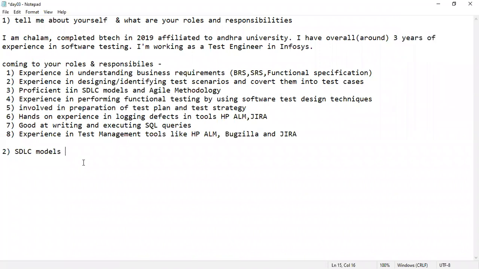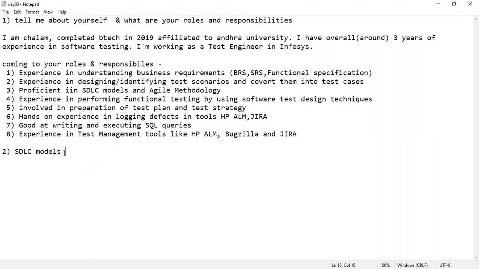So SDLC models, yesterday we discussed what is SDLC model. What is the software development life cycle? I think you are not thoroughly following my notes. SDLC is a process used by the software industry.